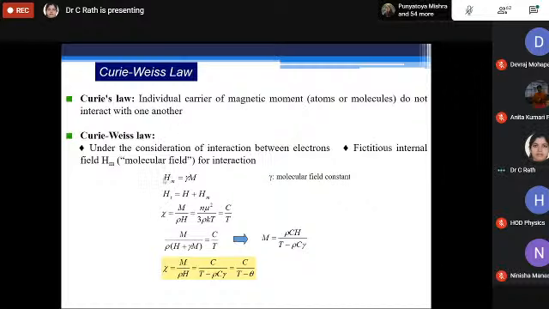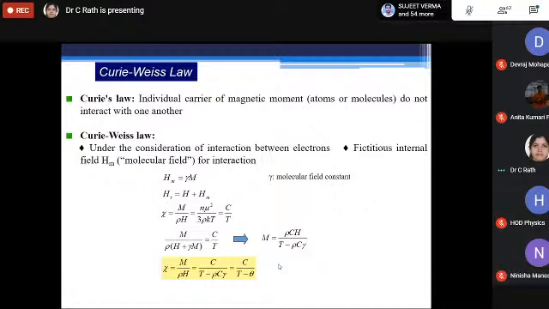This molecular field HM arises because of the interaction between electrons, giving a fictitious internal field proportional to the magnetization. That internal field acts on the material in addition to the applied field, and modifies the Curie law C by T to C by T minus theta, where theta is the Curie-Weiss temperature, and theta decides whether it is a ferromagnetic or antiferromagnetic material.